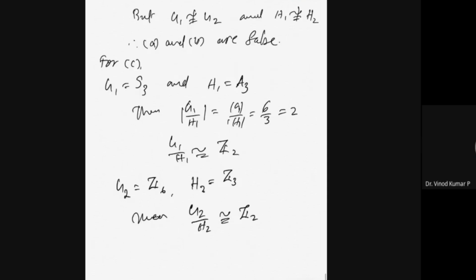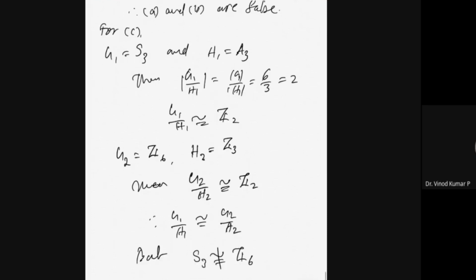Again G2 by H2 is a group of order 2, so it is isomorphic to Z2. Therefore G1 by H1 is isomorphic to G2 by H2, but S3 is not isomorphic to Z6.